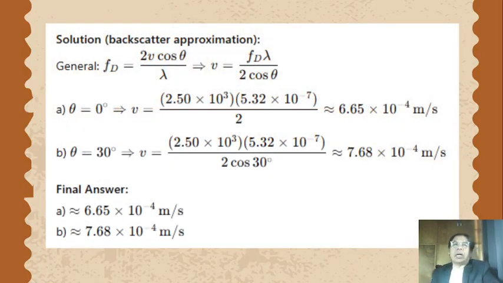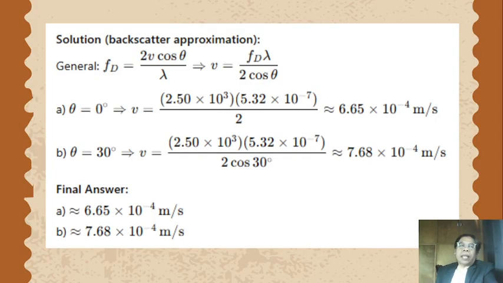So the solution, using the Doppler approximation, generally the formula is FD equals 2V cosine theta over lambda. And in that, the V there is the velocity. We can get it using FD times lambda over 2 cosine theta.